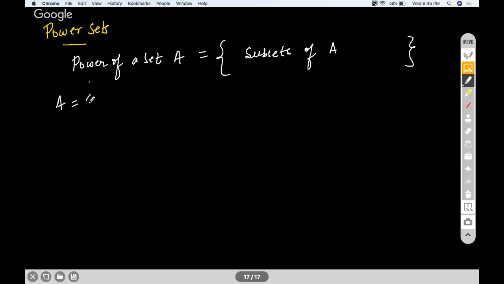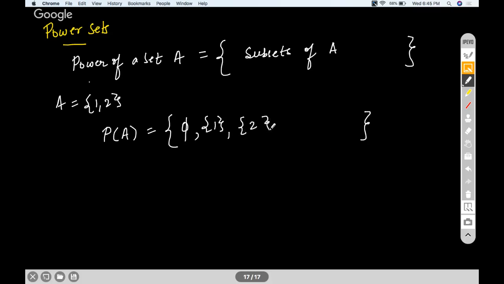Let's say A is 1 comma 2. I want to write the power set of A. This is how we represent the power set of A. So what I'll do is I will write all the subsets of A possible, which is null set, set containing 1, set containing 2, set containing 1 and 2.